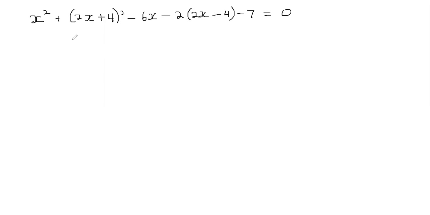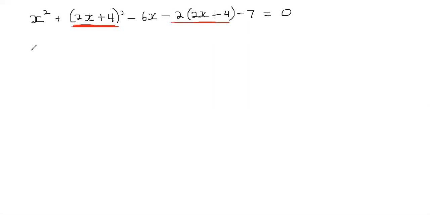Now all we're going to do is simplify. We have to simplify 2x plus 4 squared, and we have to remove those brackets.